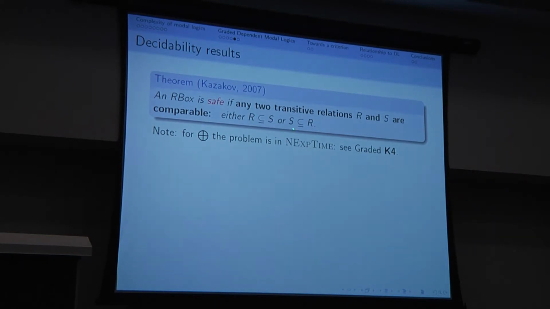Either R is included in S or S is included in R. So for instance, one non-transitive role is of course a safe RBox. We can add transitive roles, non-transitive ones, something like that. You can notice that all transitive roles are linearly ordered with respect to inclusion. We cannot put a plus here because they would be incomparable, which is forbidden by the theorem.